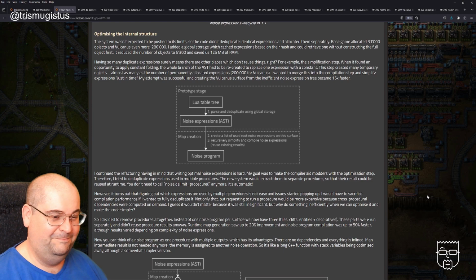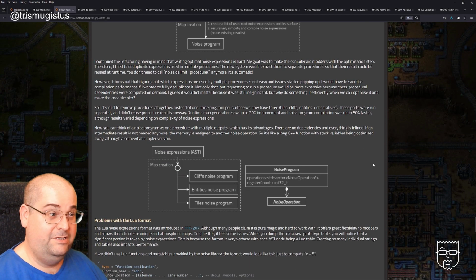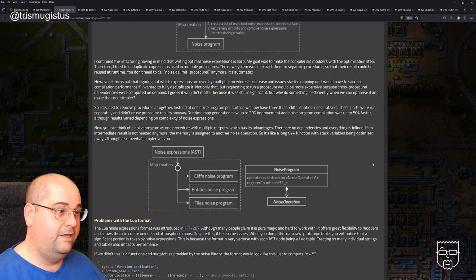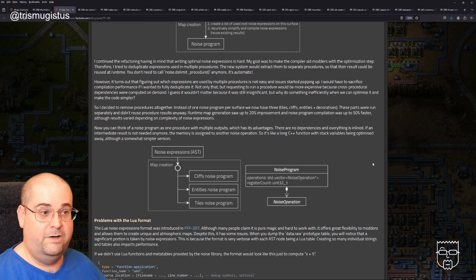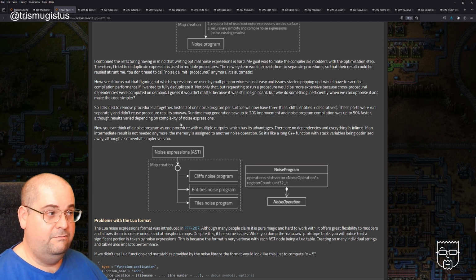I'm not 100% sure. I continue the refactoring having in mind that writing optimal noise expressions is hard. My goal was to make the compiler aid modders with the optimization step. Therefore, I tried to deduplicate expressions used in multiple procedures. The new system would extract them to separate procedures so that the results could be reused at runtime. You don't need to call noise.delimit_procedure anymore, it's automatic.